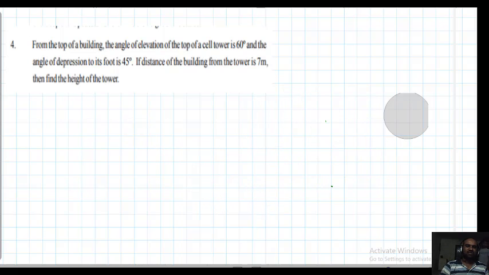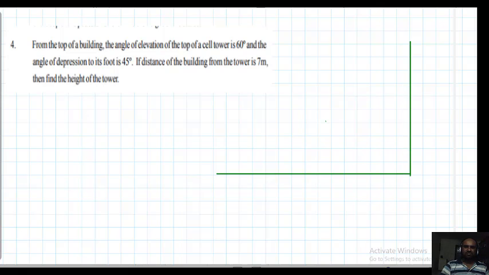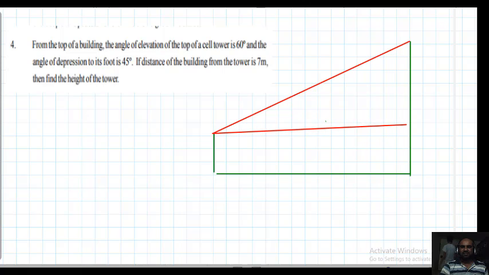So now I want to complete it. This is the cell tower, and this is the building. This is the vision ray, the horizontal ray. For the angle of depression, this is the vision ray.